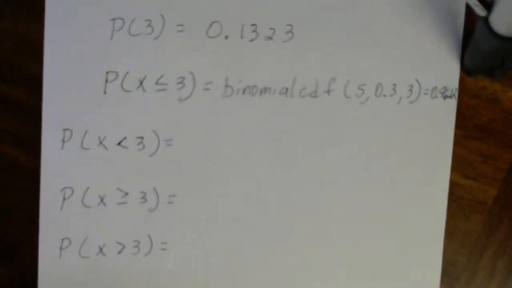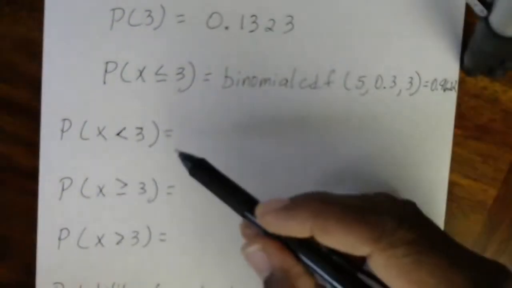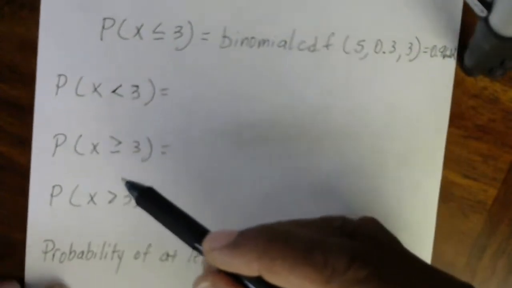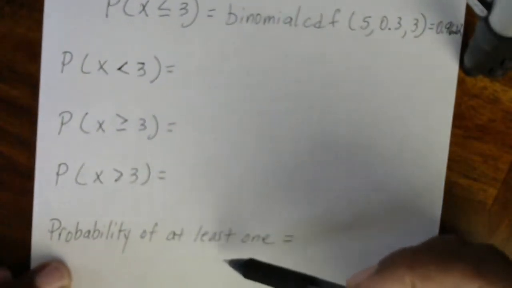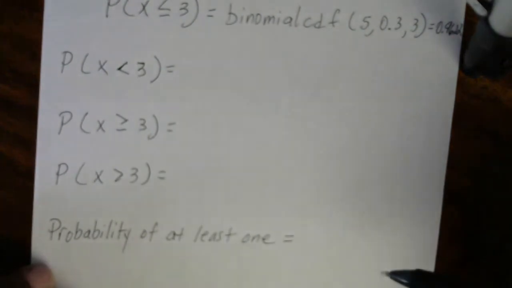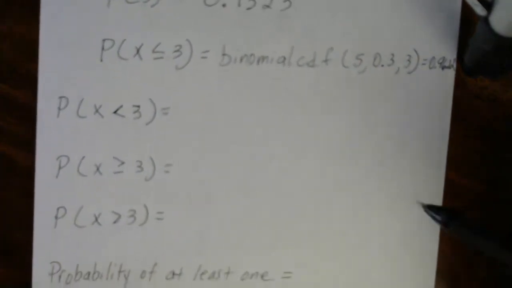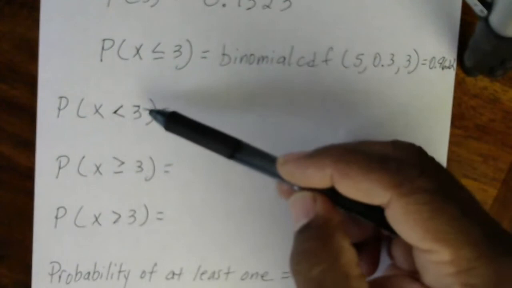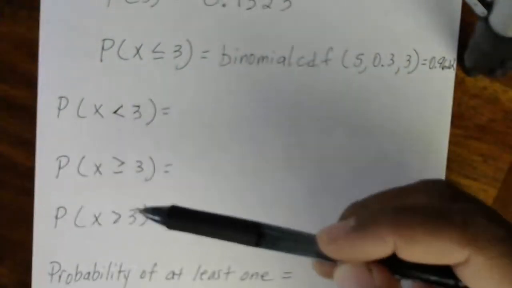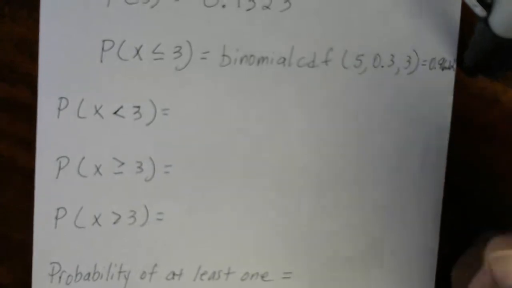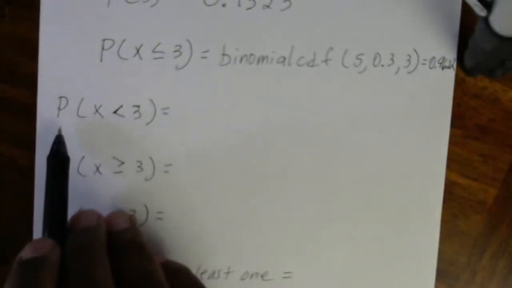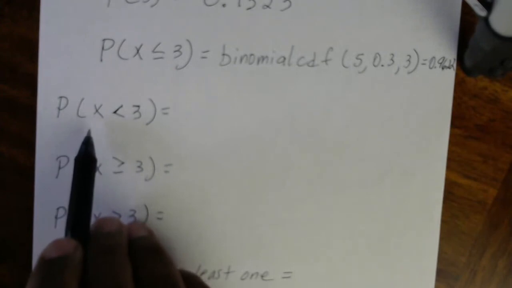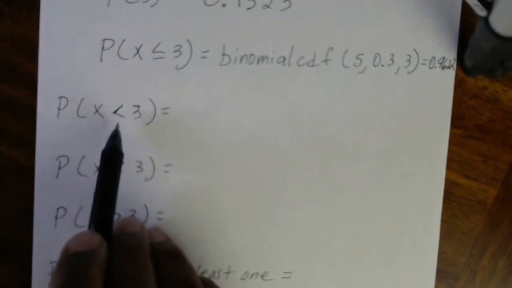So these are all the things we're going to find. Since we have an inequality, we have to use the CDF. So let's find P of X is less than 3.